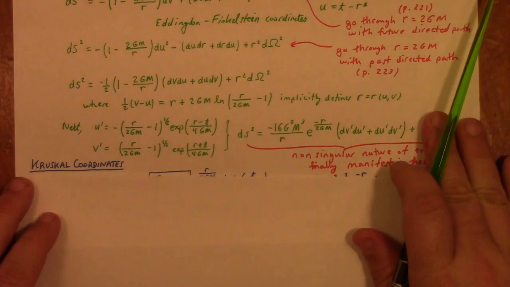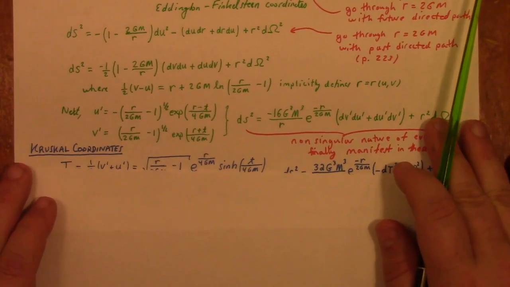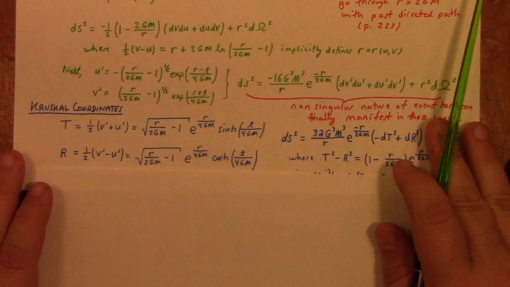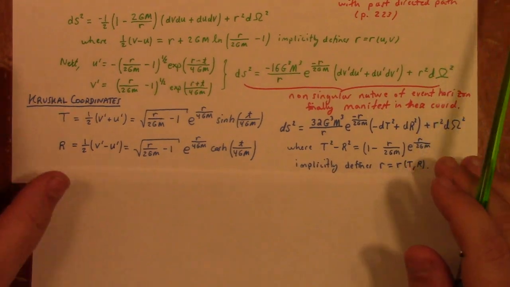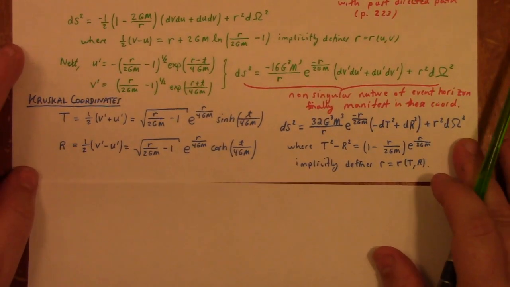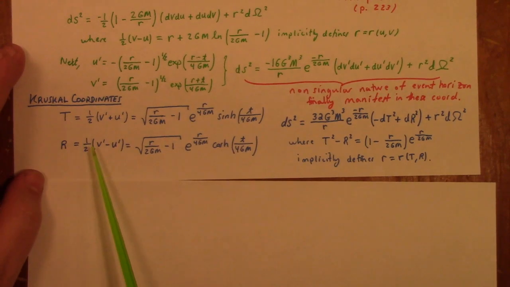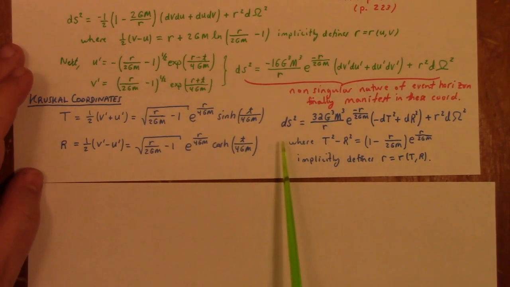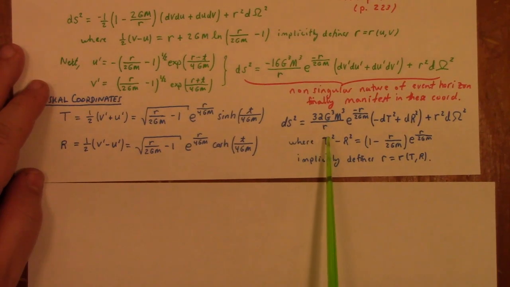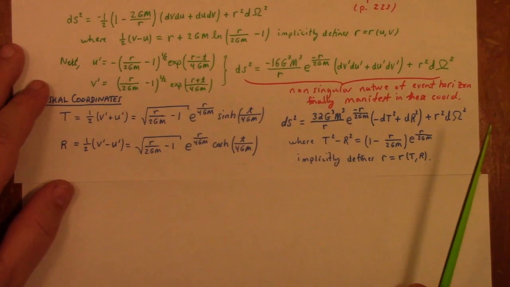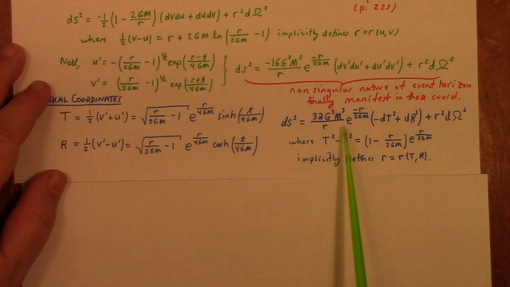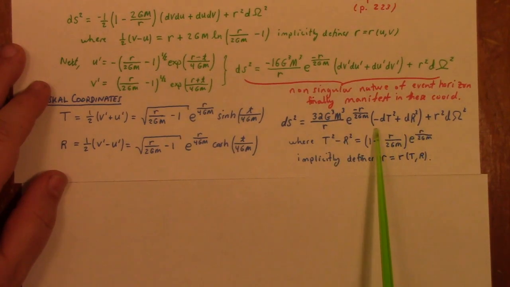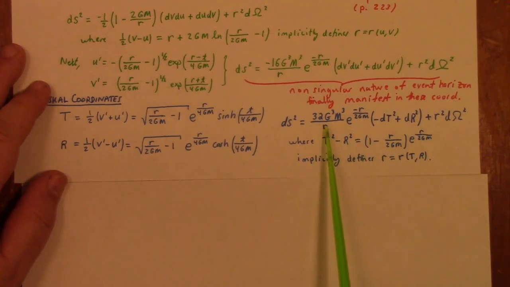And then past that, even better still, are the Kruskal coordinates. So Kruskal coordinates introduce this big T and this big R defined like so. In these coordinates, the form of the metric becomes very, very pretty. It's much closer in some sense to being Minkowski.